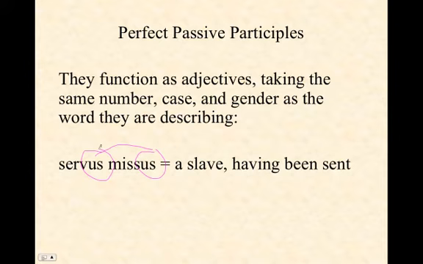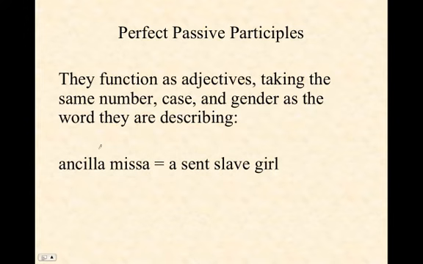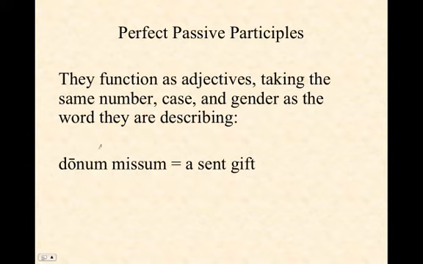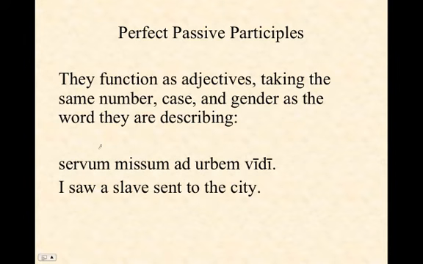Another way to translate, a slave having been sent, a sent slave. If we have a feminine noun, ancilla missa, a sent slave girl. If we have a neuter noun, donum missum, a sent gift. Remember that they can appear in any of the cases or numbers.